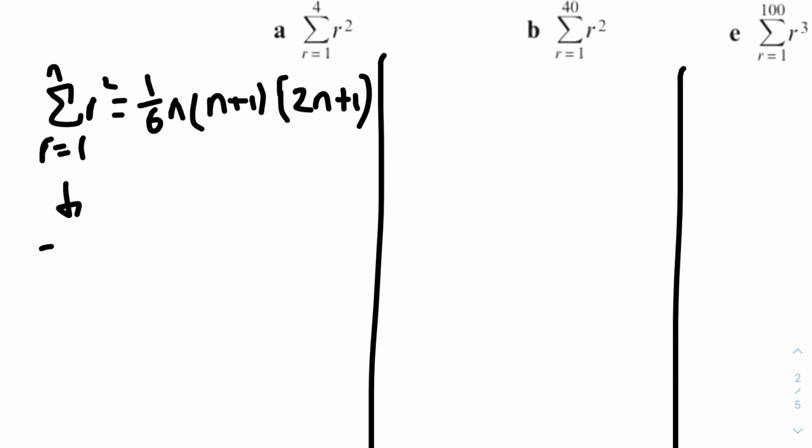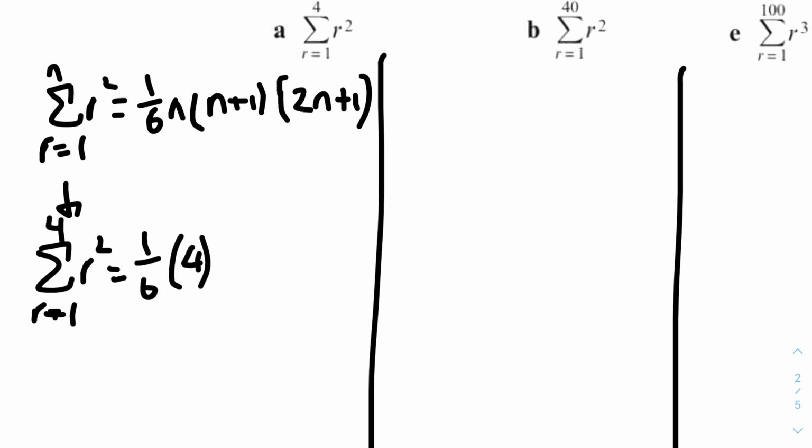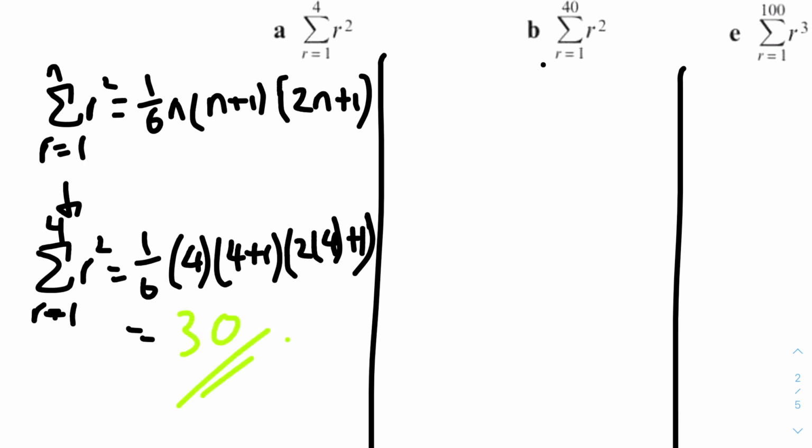So therefore the sum of r squared from r equals 1 to 4 is equal to 1 over 6 times 4 plus 1 times 2 times 4 plus 1. And this will get us, let me just put into my calculator, the sum of r squared from r equals 1 to r equals 4, and that's equal to 30, like so.